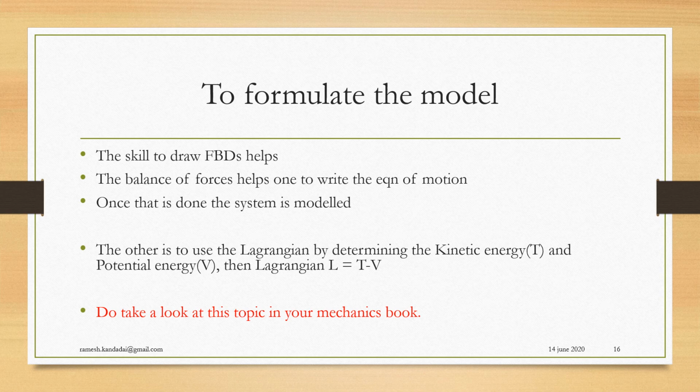I would suggest, as an alternative method to the free body diagram, the determination of the Lagrangian. Lagrangian is defined as T minus V, where T is the kinetic energy of the system and V is the potential energy of the system. The difference between the two gives you the Lagrangian.